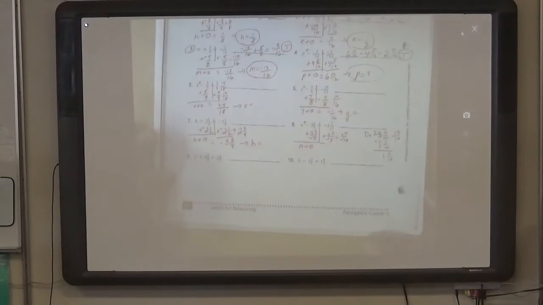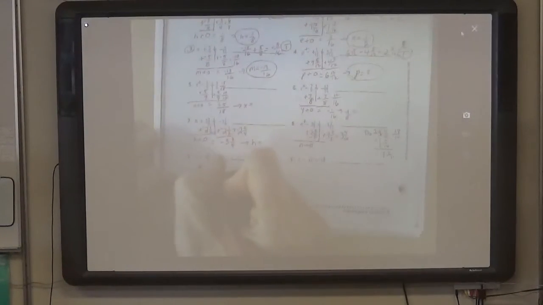I'll set up 9 and 10 for you so you can copy it if you want to before you leave. So you add negative 4 and 3/8 to both sides. So F plus 0.